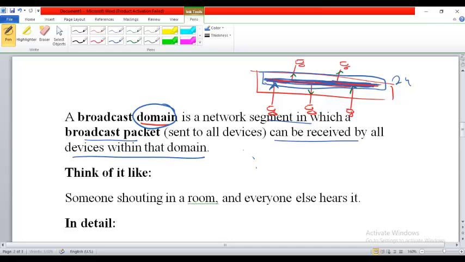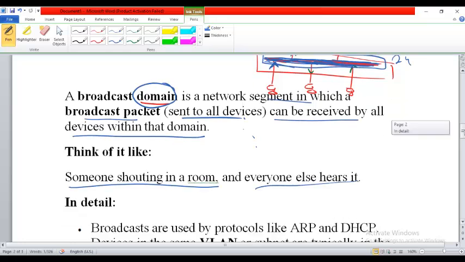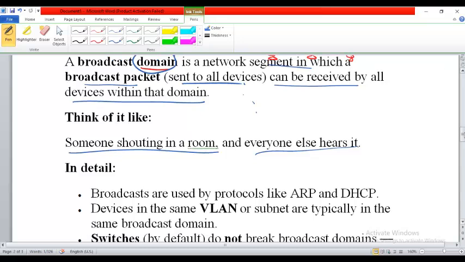It's like someone shouting in a room where everyone can hear. That is broadcast. See, if I shout from here, who all can hear me in this physical realm where I am? I'm in a village, shouting from my room. Can someone in the next street hear me? No, which means we are not in the same broadcast domain.